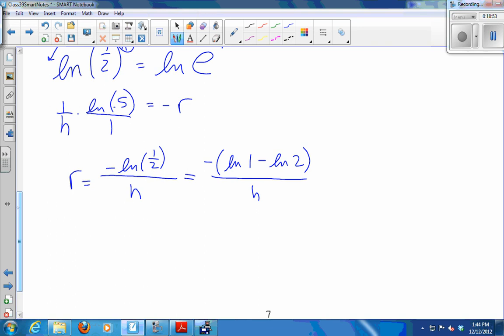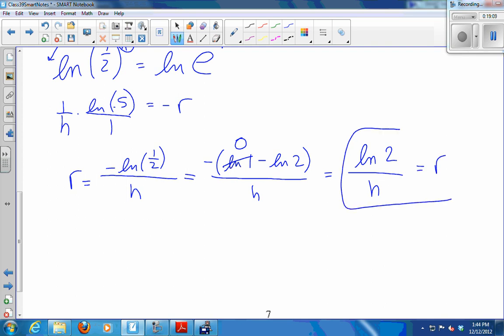So ln of 1 is really just 0. And now when I distribute this negative sign, I get positive ln of 2 over h. So here's my formula for r.